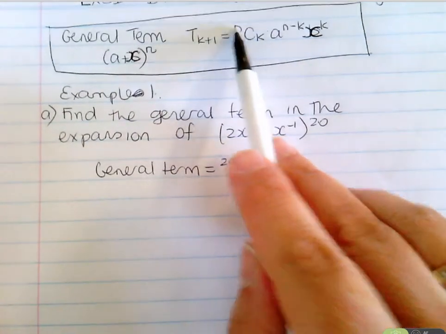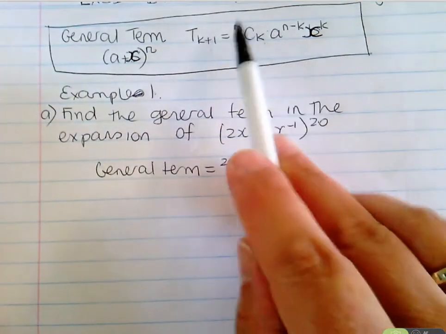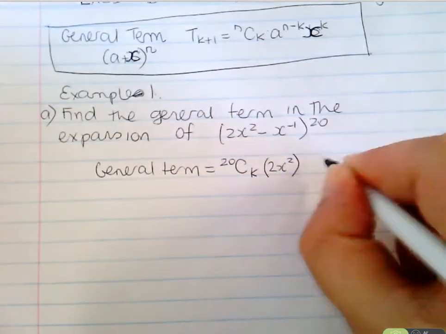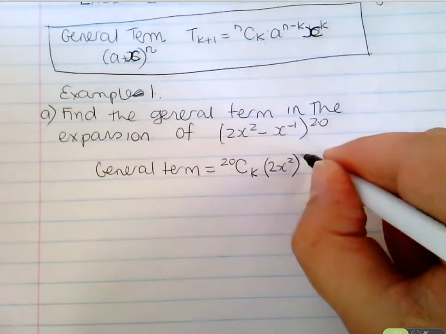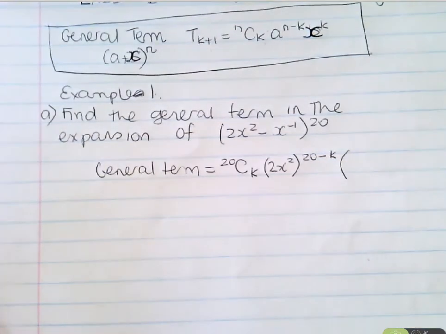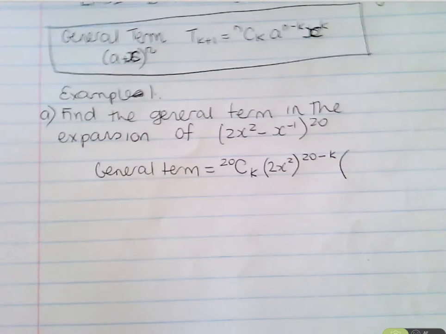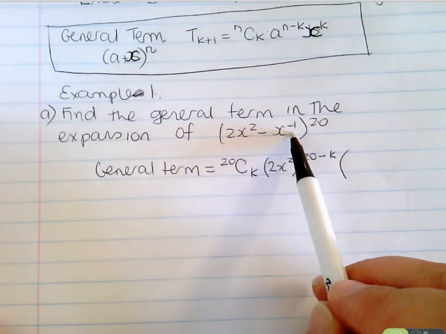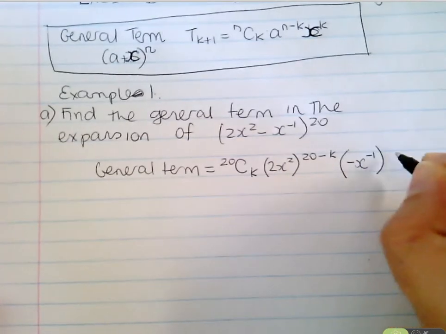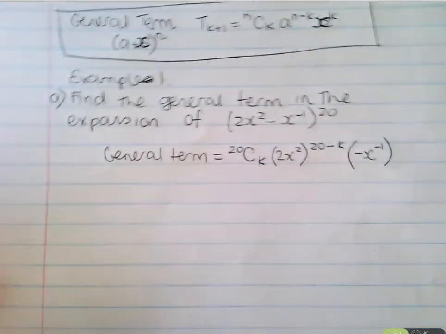It's whatever your power is, Ck, your first term to the power of 20 minus k, and then your second term. Now the second term happens to be negative, so you go (-x^-1) to the power of k.